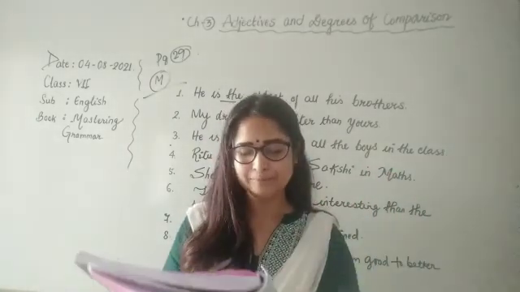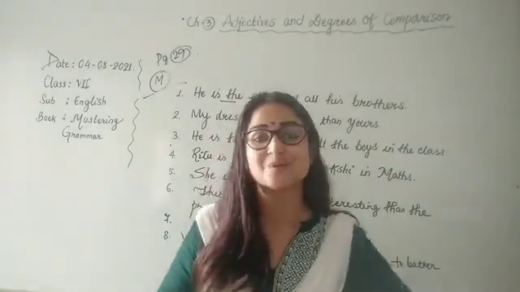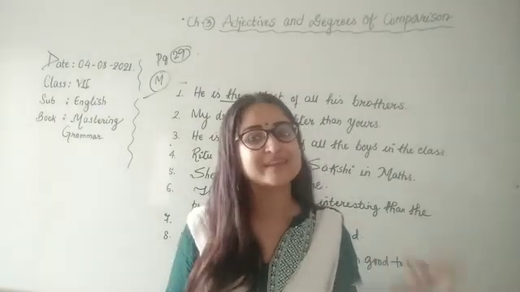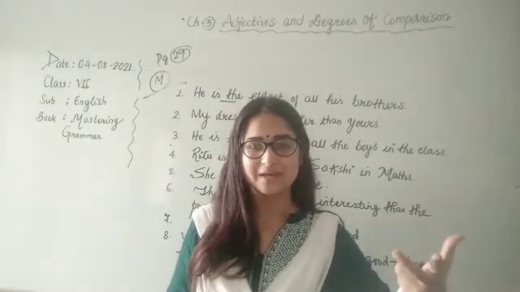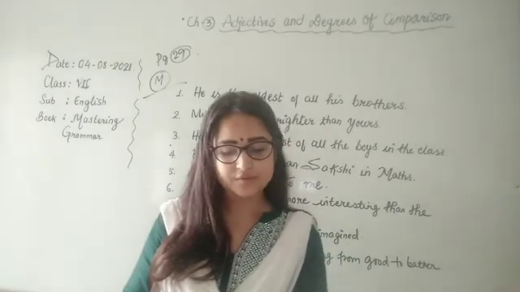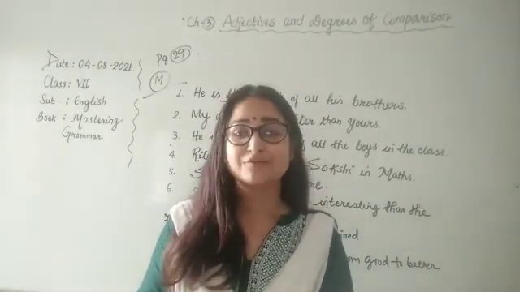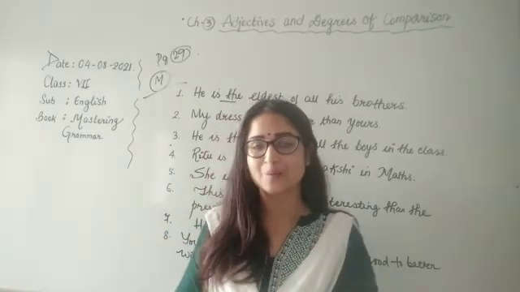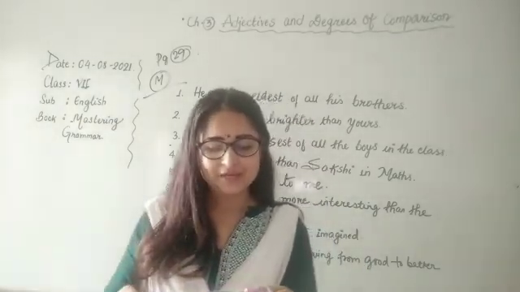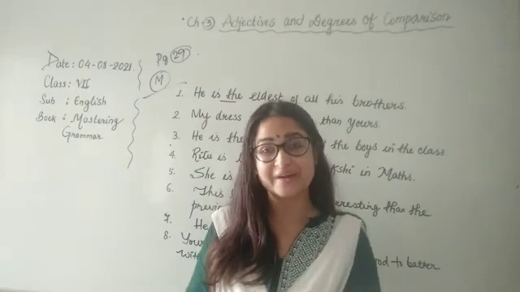Possessive adjectives answer the question whose, like whose pen is this, whose thing is that. Then adjectives can be formed by adding suffixes like full, OUS, LY, Y, ABLE, like joyful, famous, friendly.